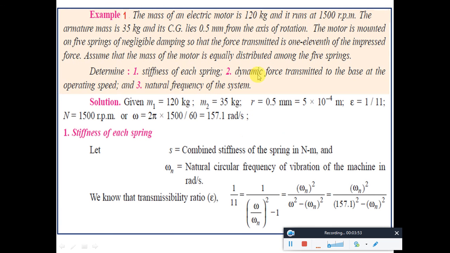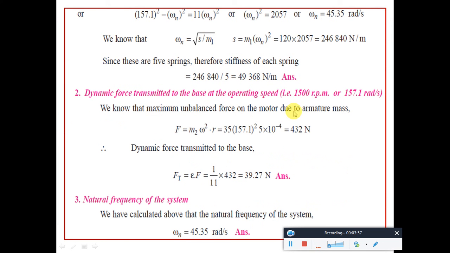And now the second one, the dynamic force transmitted to the base. First we have to find the applied force. Applied force F is equal to the mass of the armature into the square of the angular speed of the motor into the eccentricity, or the radius at which it is lying.